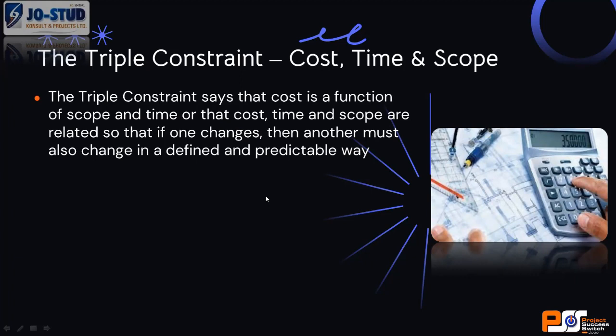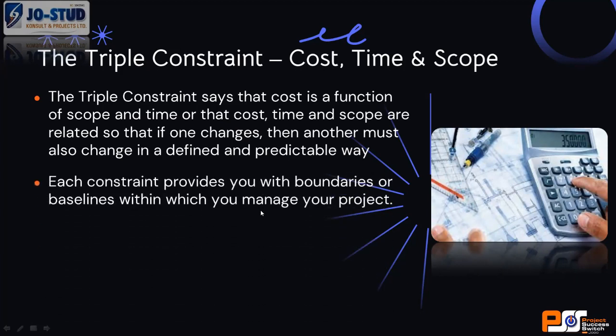If you add to your scope, your cost will likely go up. If you bring down cost arbitrarily, you cannot just say scope must remain the same. You must be ready to what? Take something out of the scope, or you risk the quality of the project. That's why we call it a constraint. It's a triple constraint. So if one changes, the other must also change to accommodate the change that you have made to one of them.